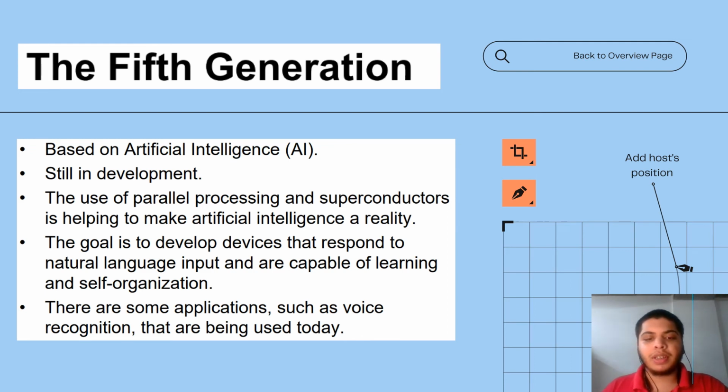Looking to the future, computers will be revolutionized again by quantum computation, molecular and nanotechnology. The essence of the fifth generation will be utilizing these technologies to ultimately create machines which can respond to and recognize natural language and have the ability to learn and organize themselves.